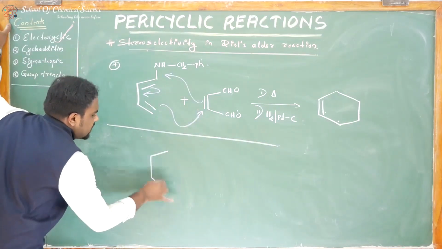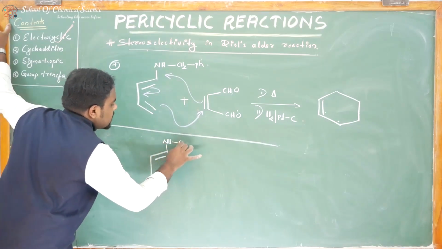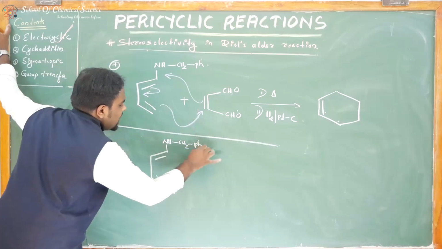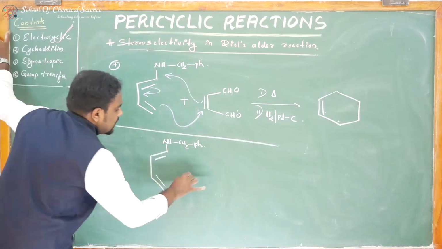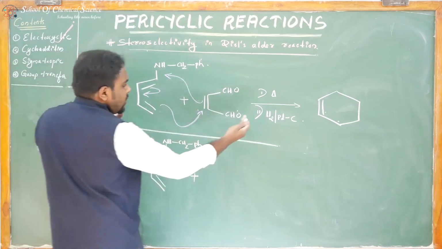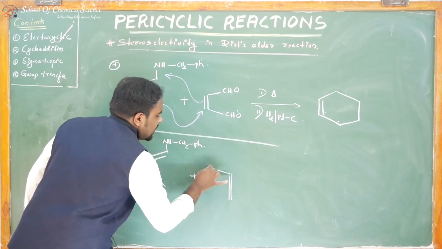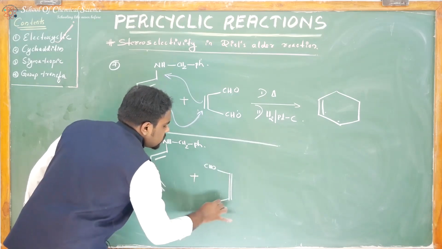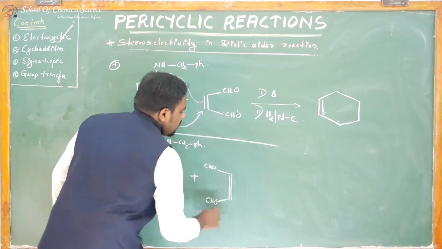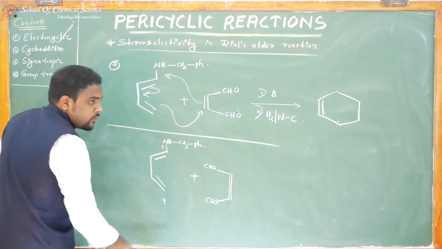So take the diene. This is the diene, and this diene contains a group NHCH2Ph. Then your dienophile contains an electron withdrawing group. The electron withdrawing group must be close to the diene, so that the electrostatic interaction will be higher. Then this is carbon number 1 and carbon number 4.